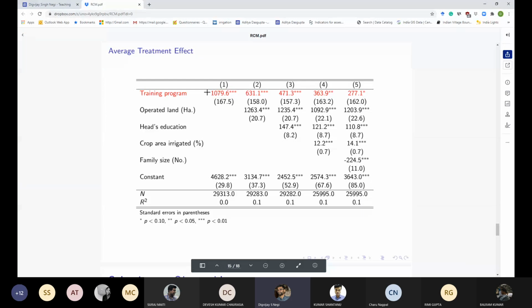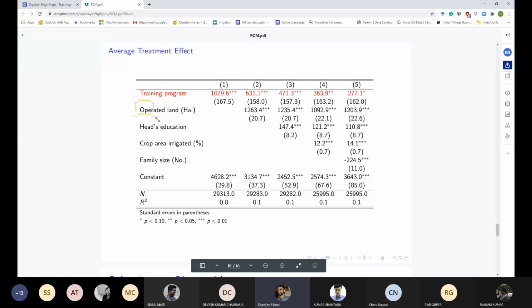And of course this coefficient is positive. So on average, people who attend the training program have around 1,000 rupees higher agricultural income than people who didn't attend. So there is a difference in their averages, and it is statistically significant, right? So this is what specification 1 says.